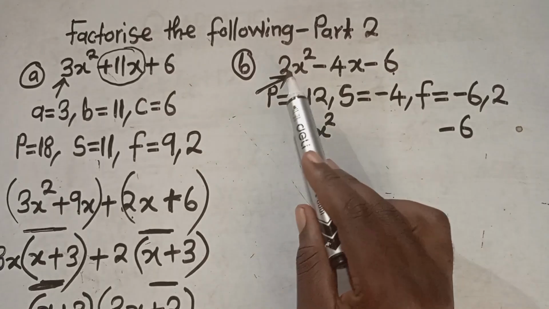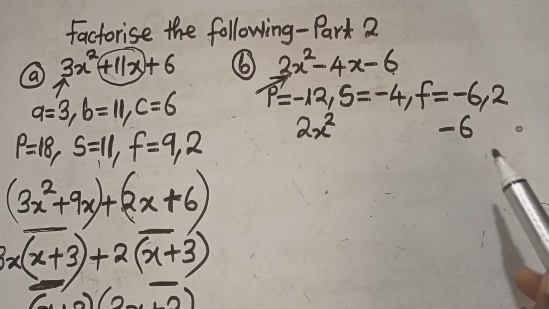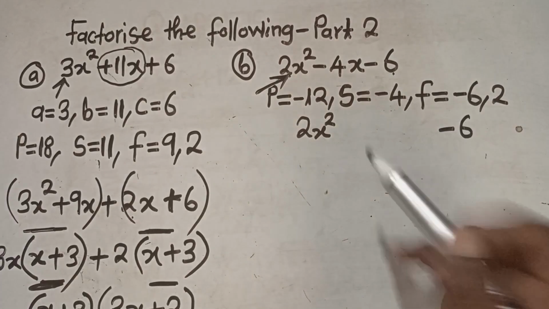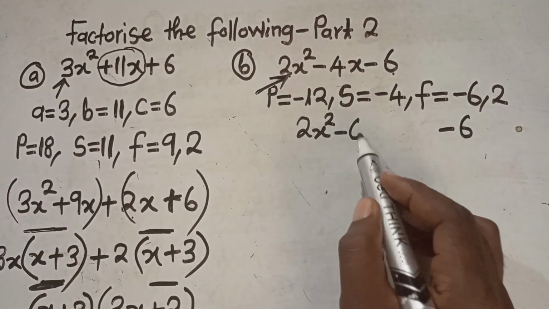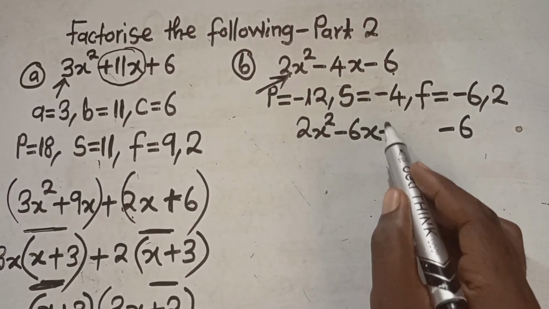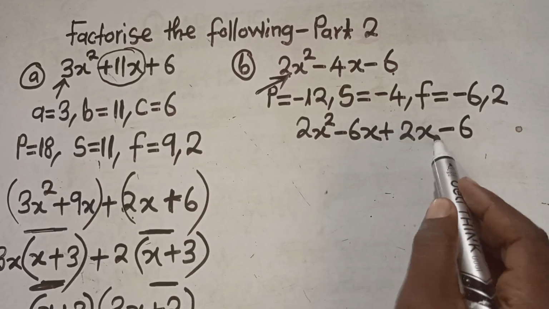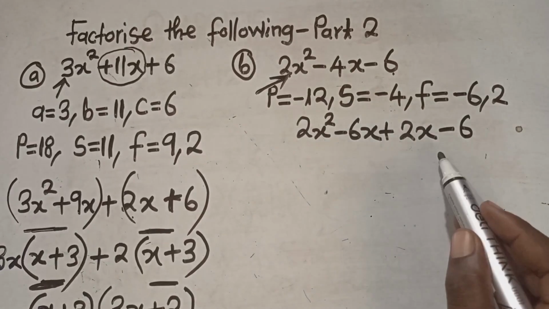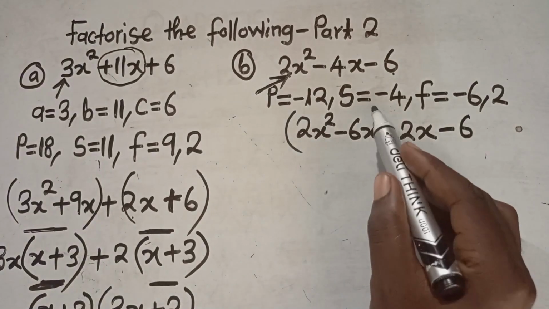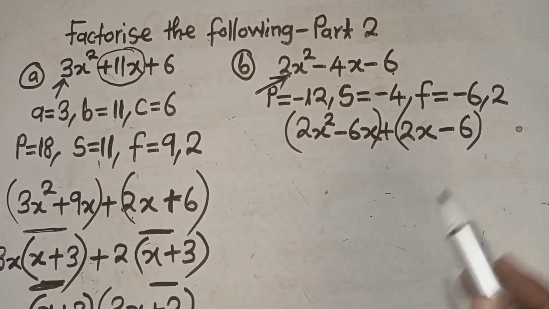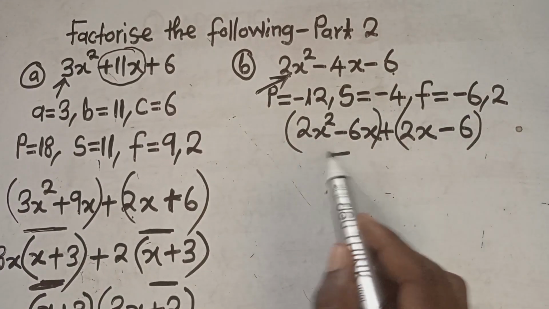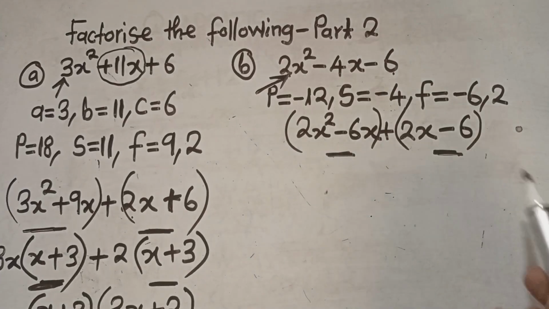We need to get this one and that one together with the signs. So this is -6, that is x. I'll maintain -6x plus 2x. Have you seen? I've come up with something like this. I group them into two, then factorize. Factorize this part, factorize also that part.